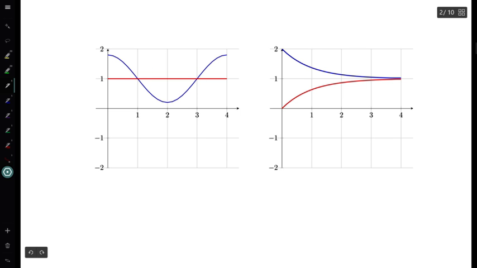So maybe we could call these kind of far apart, kind of close together. And we could sort of say the same thing about these two functions. They're maybe far apart there, but they're pretty close at x equals 4. So again, we get some kind of intermediate thing going on here.